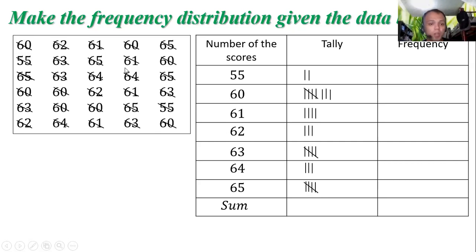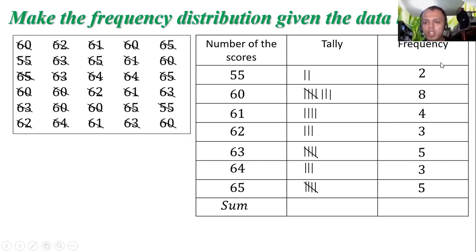Okay? So only 5. Right, 65. Then the frequencies are 2, 8, then 4, 3, 5, 3, then 5.